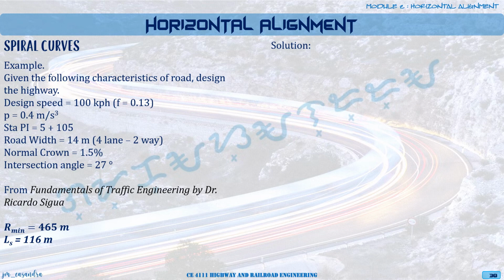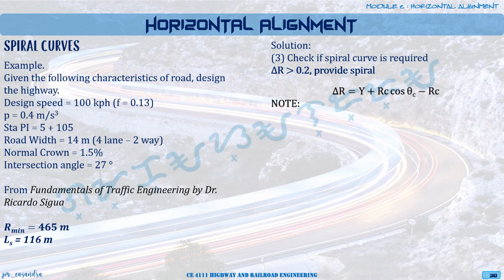So once we have computed for the spiral length, step 3 is to check if there is a need to provide a spiral curve. And this is checked through our delta R. So if delta R is greater than 0.2, then we have to provide a spiral. So for delta R, that is now equal to y plus RC, cosine of theta C minus RC.